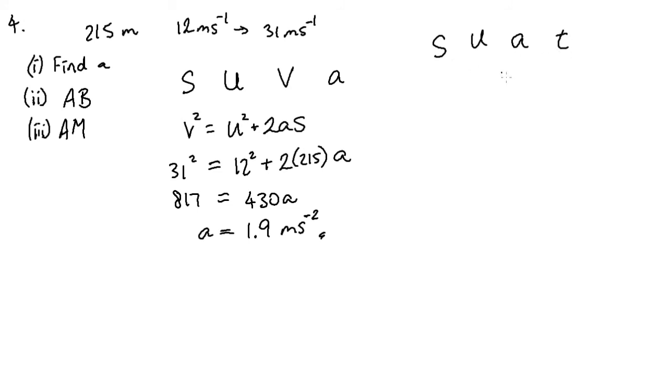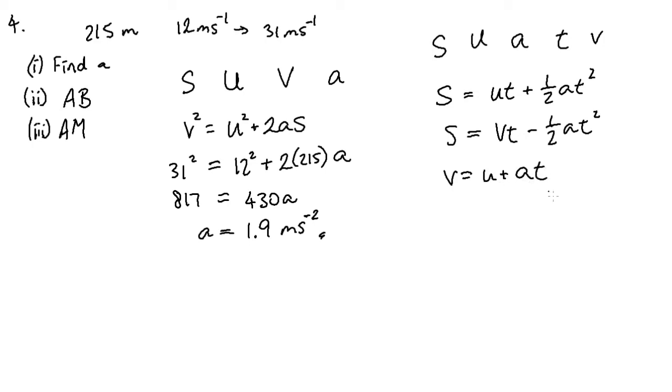We also have v, so we can either use s equals ut plus half at squared, or s equals vt subtract half at squared, or we can also use v equals u plus at, and that would be the best one to use because we know the acceleration this time. We can find t much easier rather than solving a quadratic. So let's see, v is 31, u is 12 plus 1.9t.